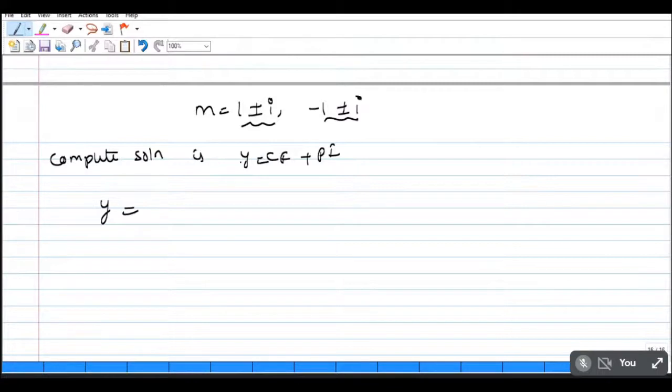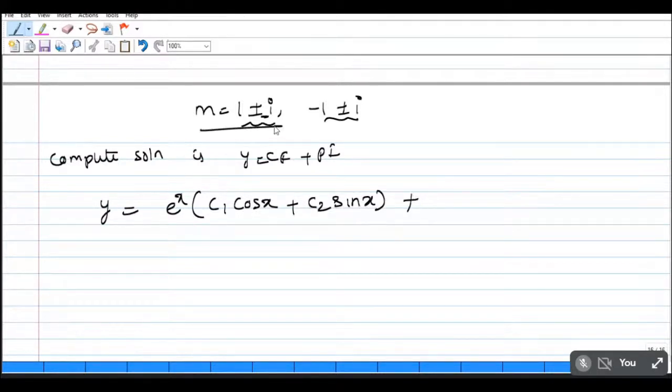Two are different or not? y equal to e power x into (C1 cos x plus C2 sin x), beta is 1.